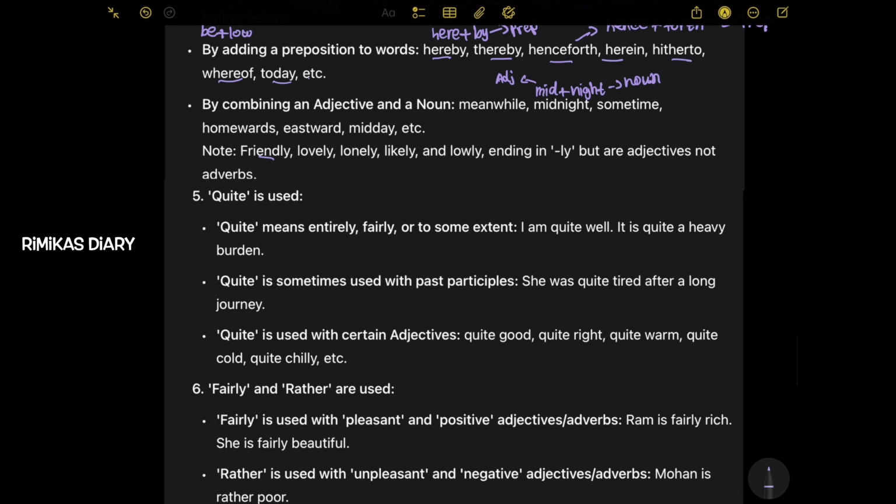Note: friendly, lovely, lonely, likely, and lowly end in ly, but are adjectives, not adverbs. So even though they end in ly, they're adjectives, they're not adverbs. Make sure to remember this note and write it in a notebook.